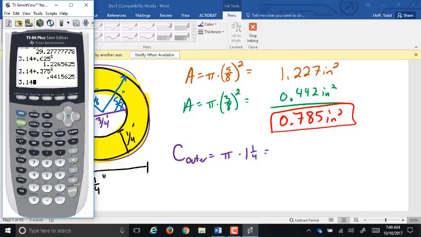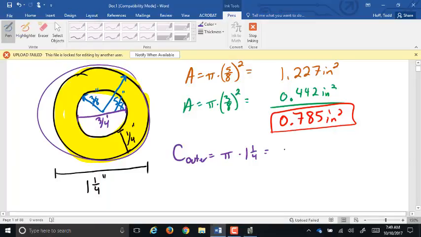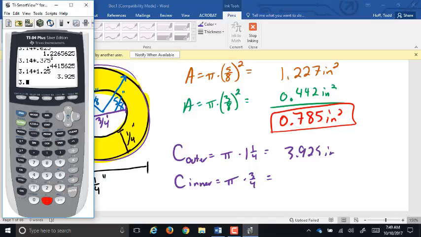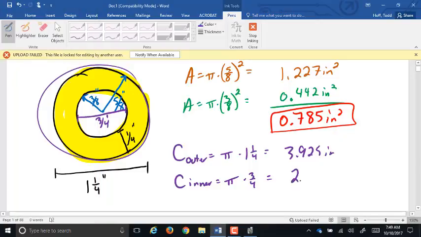So 3.14 times 1.25, 3.925. And the inner circumference, which is pi times 3/4, so 3.14 times 0.75, 2.355.